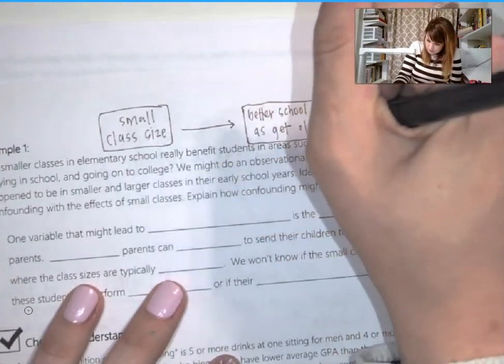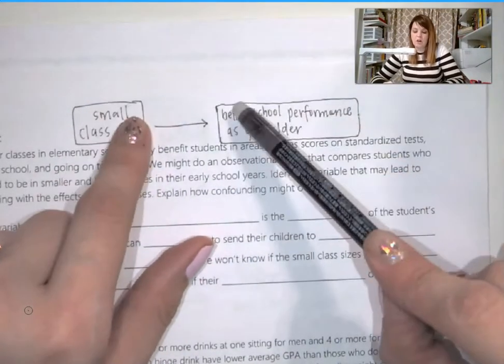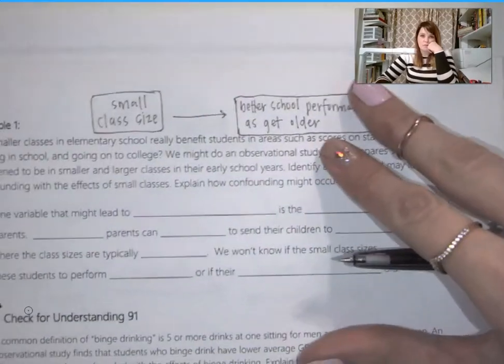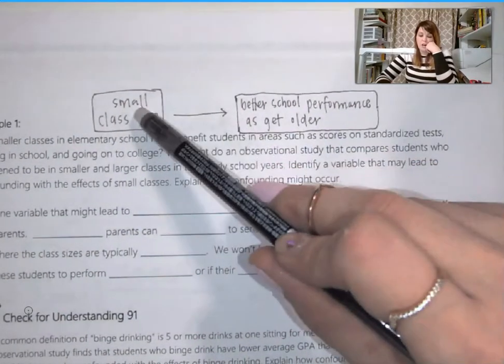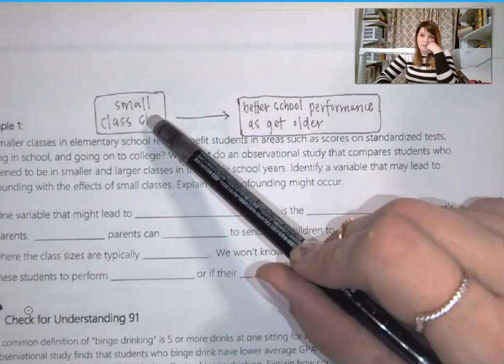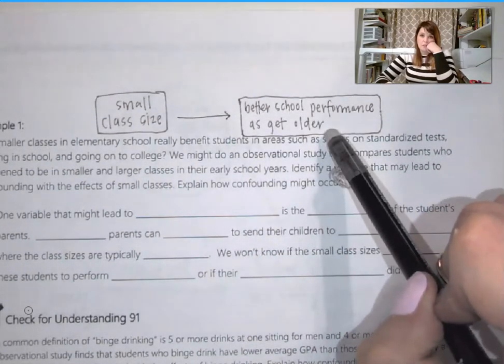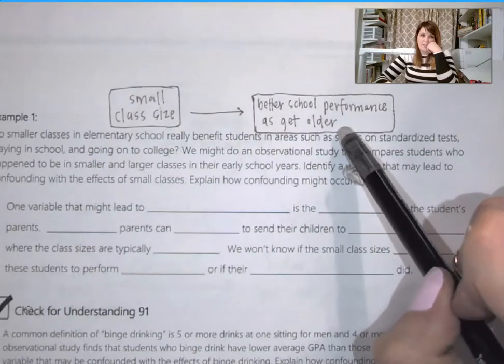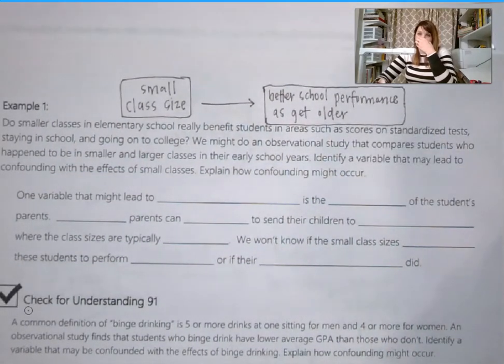The question is, what variable could be causing both of these things? So what is some other variable that could cause smaller class sizes, but could also cause you to do better on standardized tests, staying in school, and going on to college?